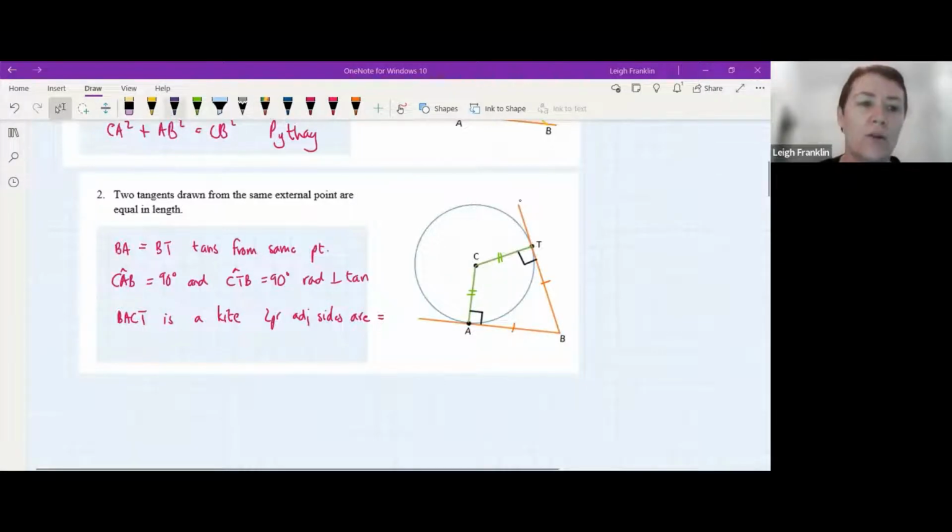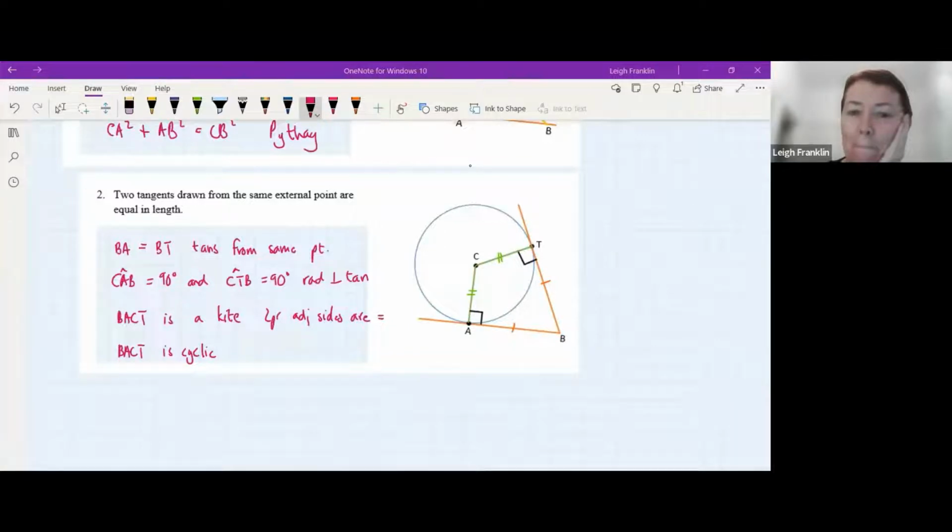Why is it a cyclic quad? Anyone, can you remember the three reasons how we would prove that a quad is cyclic? Can I try it? Go for it, Morongoa.